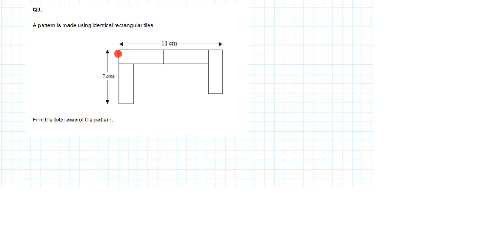Visually you can see that this bit here is 7, so we know that this part over here is 7, so that part there has to be 4, because 7 plus 4 makes 11, which means this part is 4.